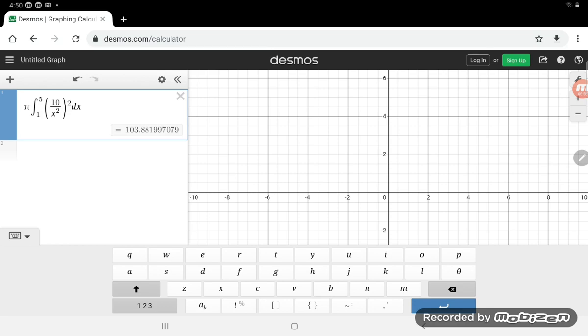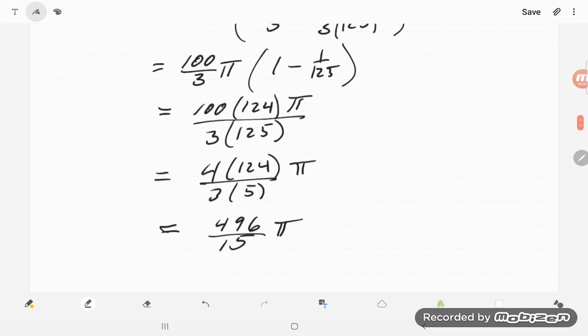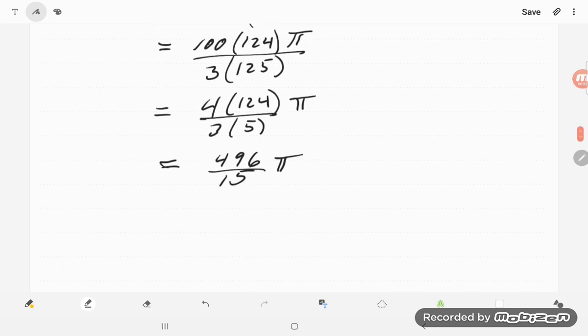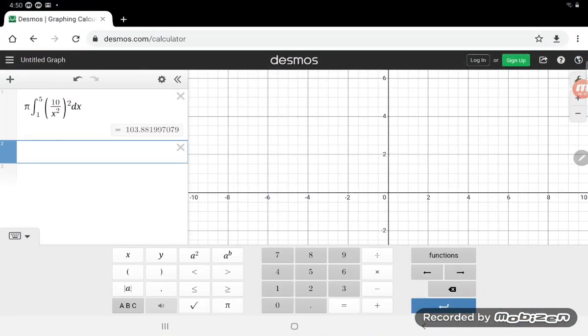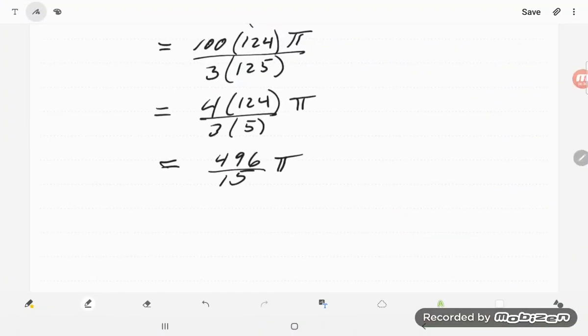And that says 103.88. And what did we have? We had 496 over 15 times pi. Oh, that's looking good. Yes, okay. So there we go, 496 pi divided by 15, and that is our answer to number 30A.